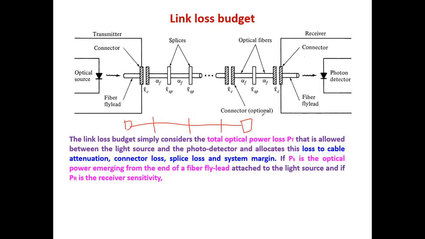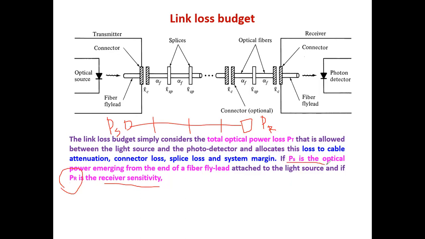Here I have the receiver sensitivity PR. Then I have PS, the power emanating from the source. Please write down PS. What is PS? What is PR? Because in the question, when it is given, you don't know what is meant. If receiver sensitivity is mentioned, it is the receiver power, so PR.